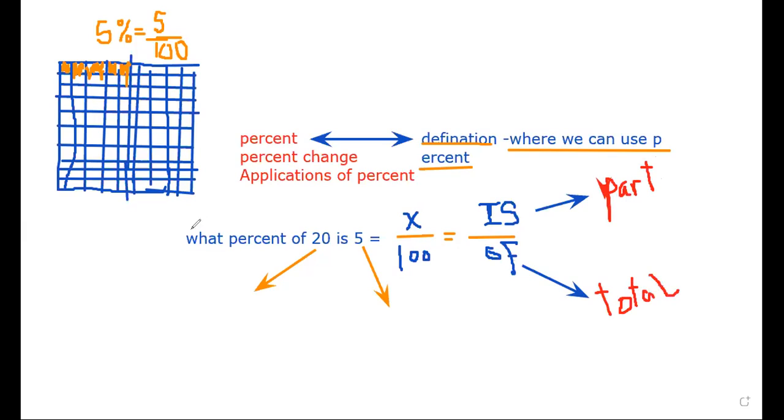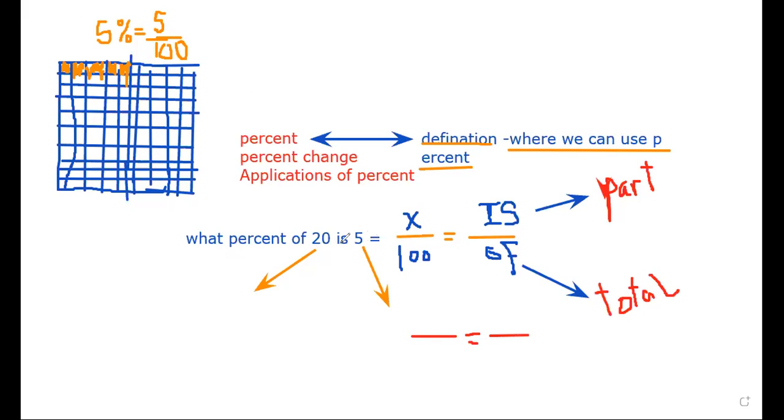For any question, we are going to check the answer. What percent of 20 is 5? I'm going to use this formula directly and only distribute the numbers. So I put a fraction, and between the fractions I put the sign equal. Back to this question: what percent?